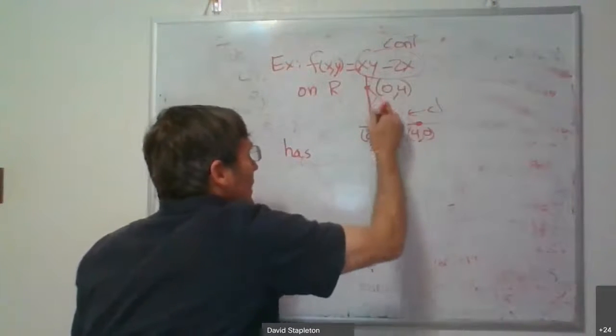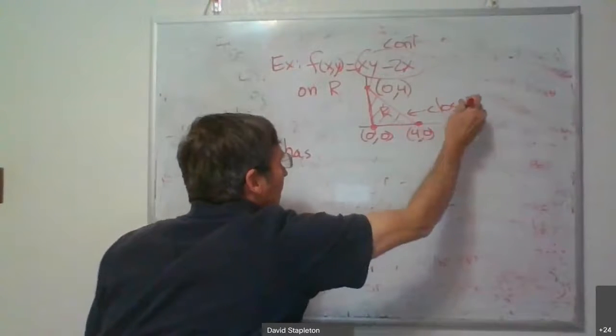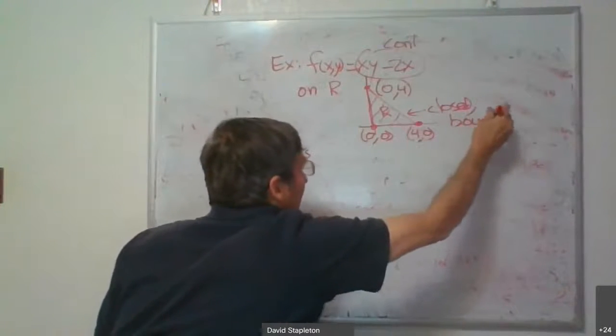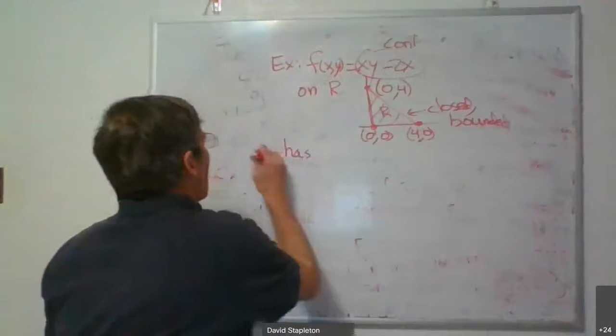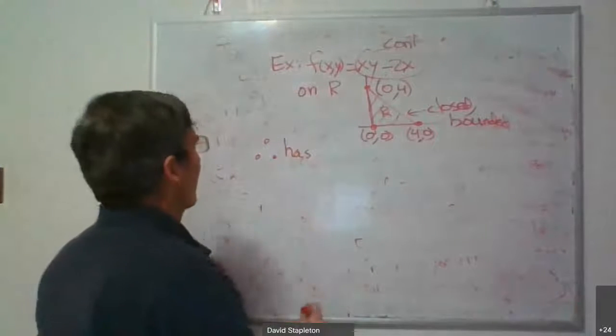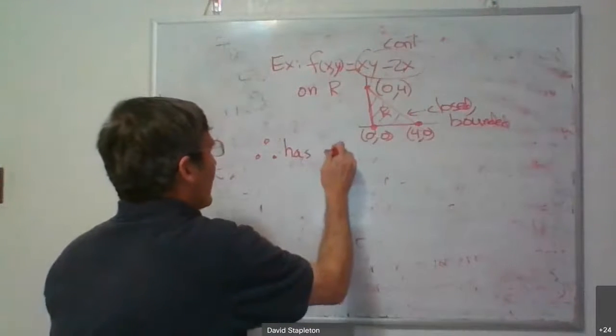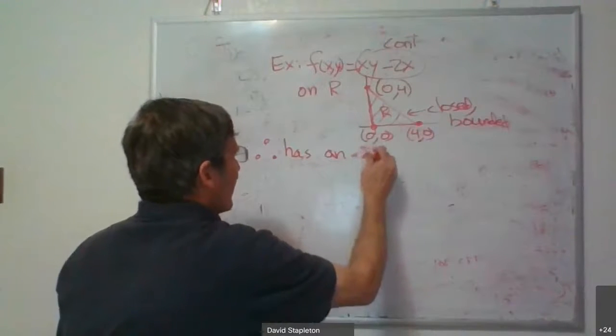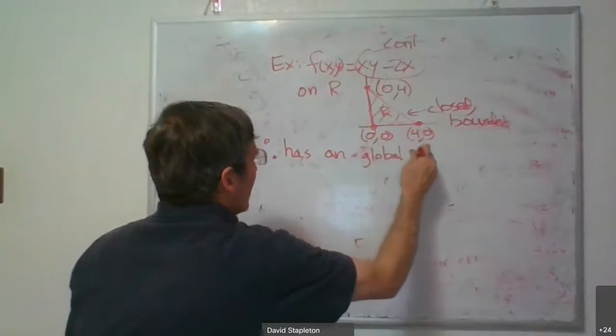Closed means it includes its boundary. Bounded means it doesn't go off to infinity anywhere. Therefore, 3 dots mean therefore in mathematics, it has an absolute maximum, global maximum, I think I just called it. The same thing. Global max and min.